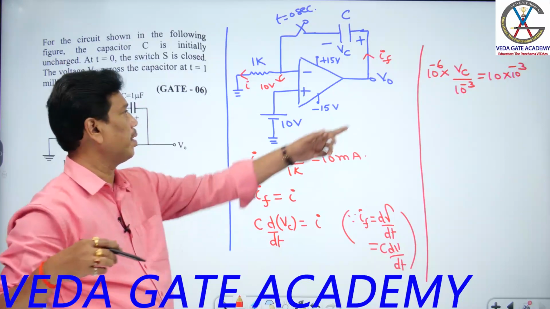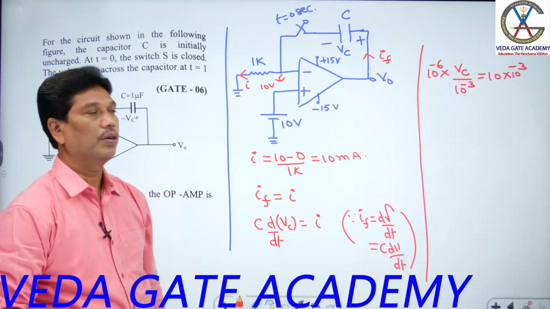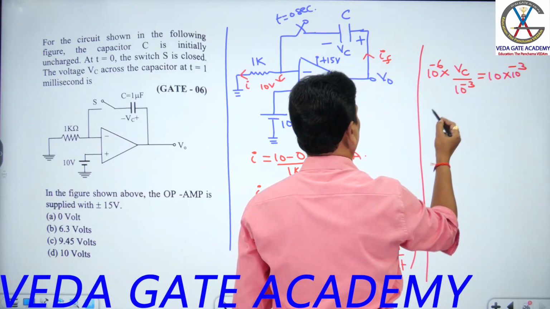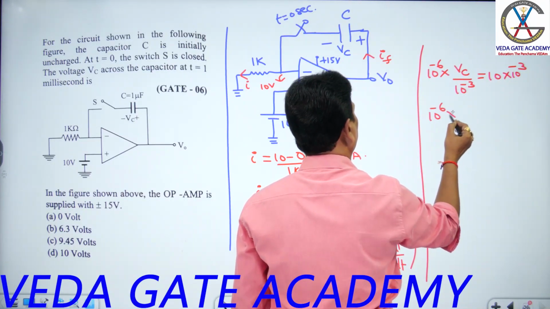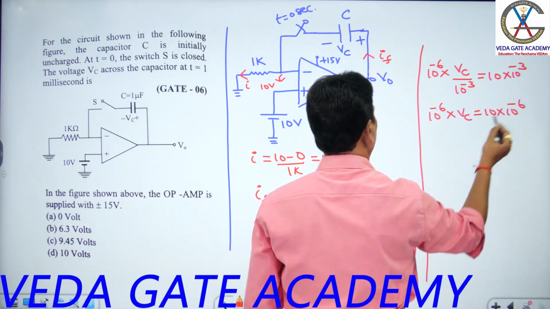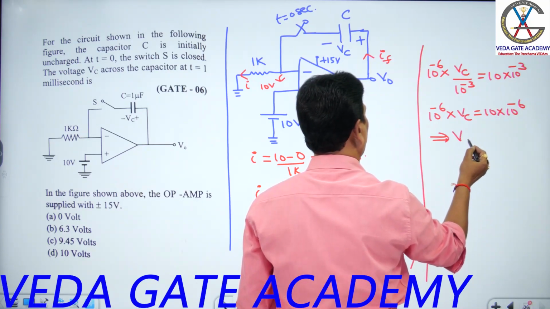Taking this to that side, 10 power minus 6 into Vc equal to 10 into 10 power minus 6. This implies Vc equal to 10 volts.